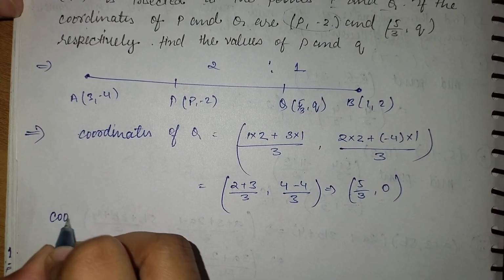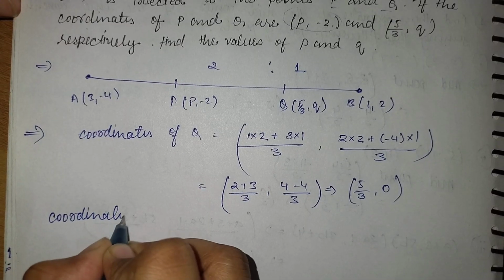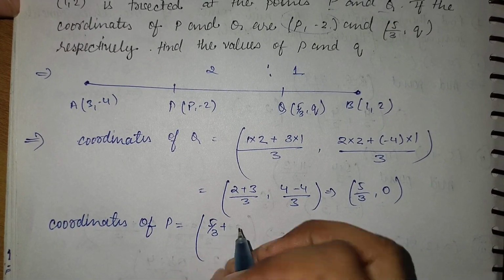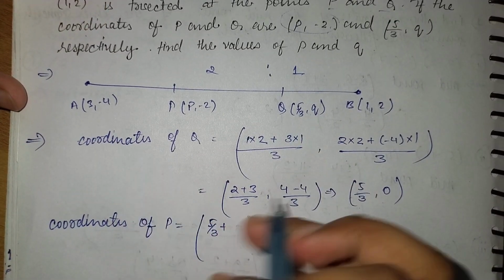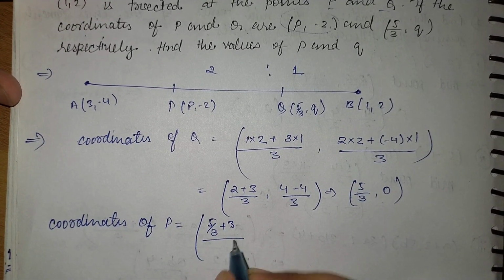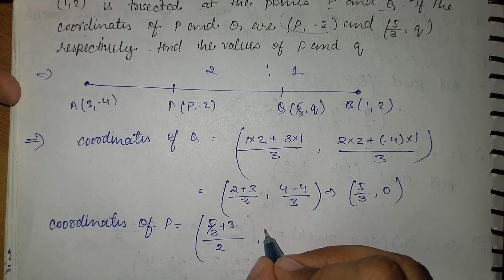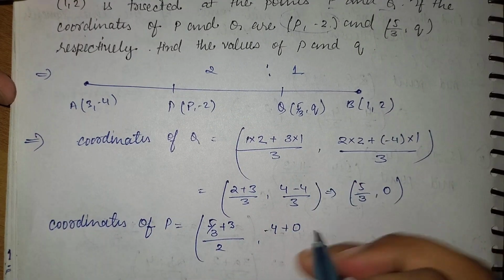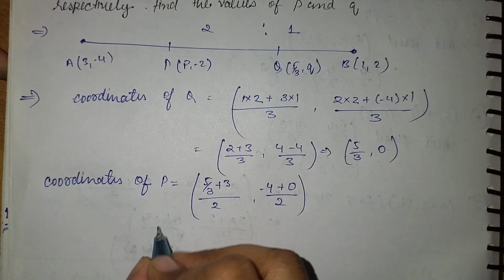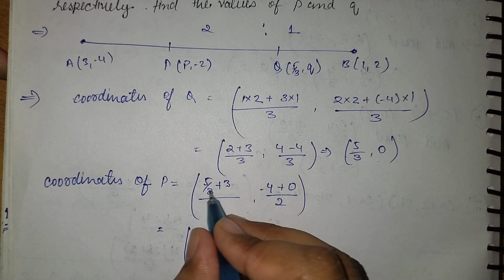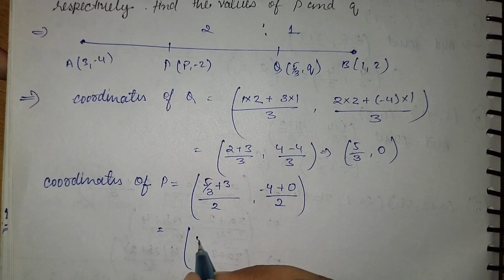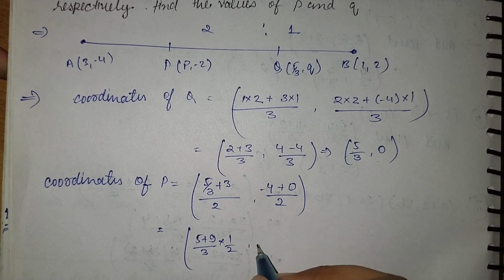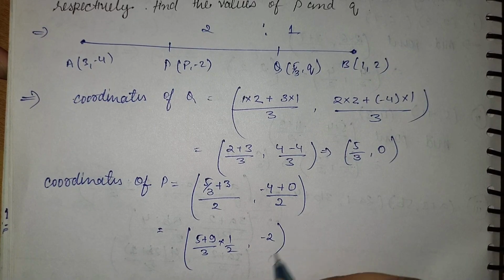Now if we want to find the coordinates of P, equal to (5/3 plus 3) divided by 2, and like this (minus 4 plus 0, the q value is 0) divided by 2. So from there we find 5 plus 9 upon 3 into 1 by 2, and this is minus 4 by 2 as minus 2 only.